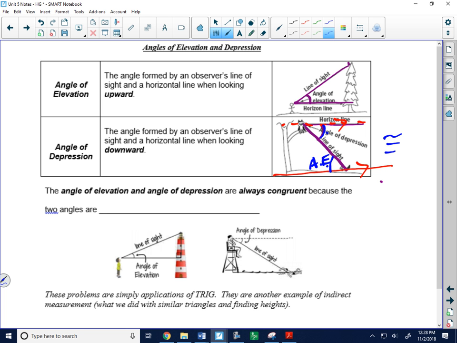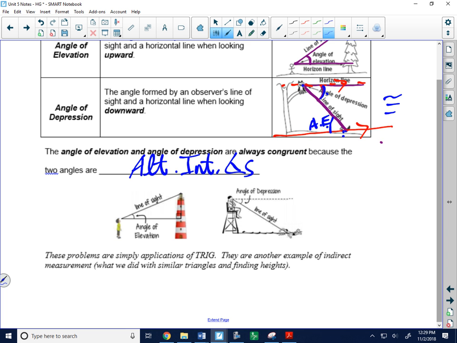So the angle of elevation from the figure on the bottom looking up is the same as the angle of depression from the object up looking down. So the angle of elevation and depression are always congruent because the two angles are alternate interior angles.